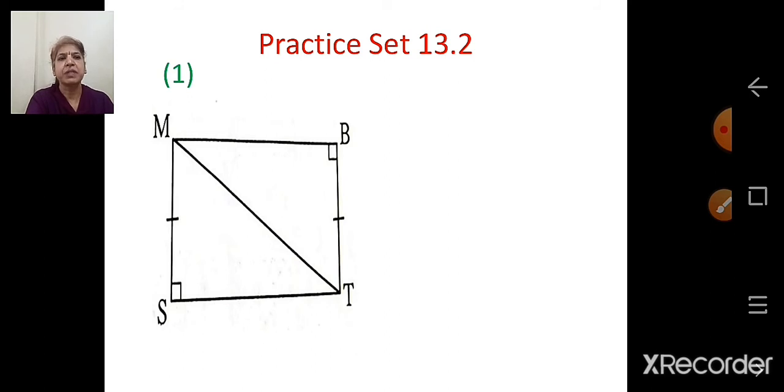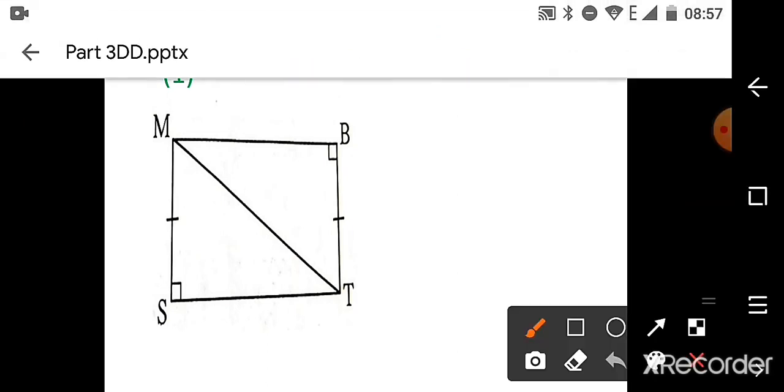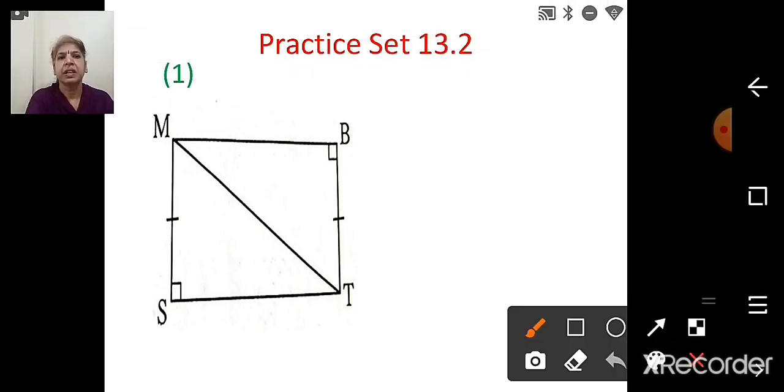Now observe this figure. Children, when you are writing in your books, you have to draw the figure with ruler and pencil. Now in this figure, we can see a pair of triangles. Which are those?